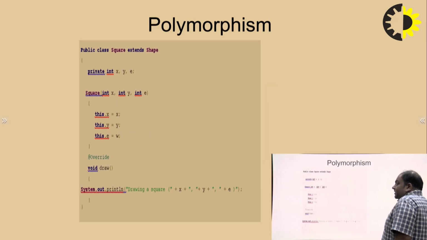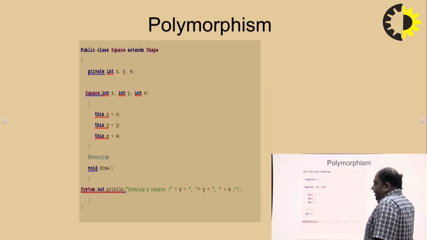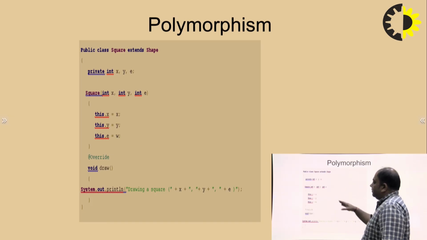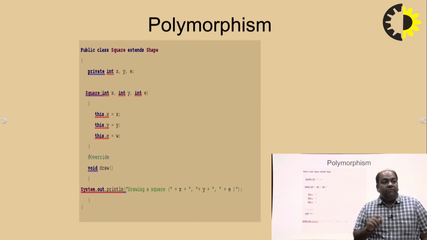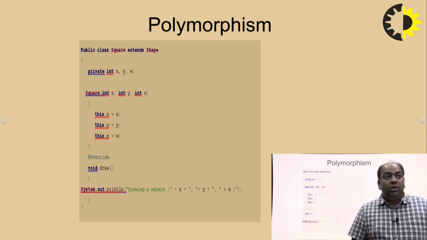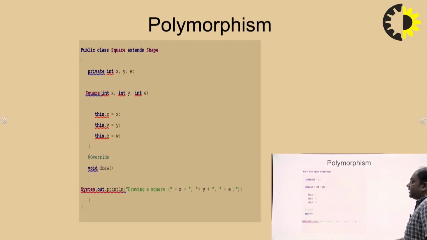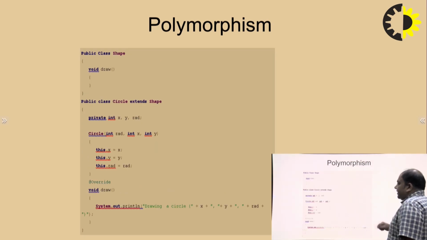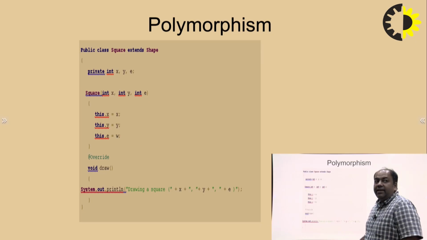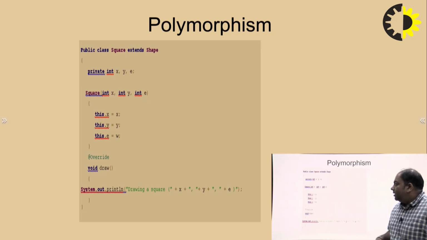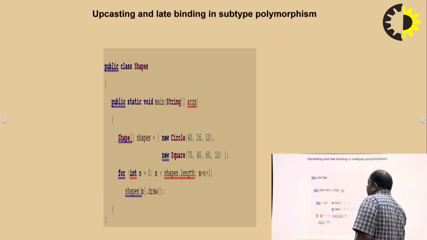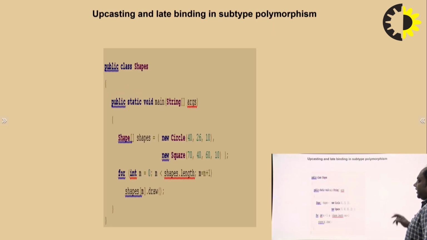Next, these same x and y are used for the square also. We give the same names, int x, int y, and we use both these variables in the same program, but the shape which they create is different. In the first instance they create a circle and in the second instance they create a square. So we define their values and we create a shape of circle and a shape of square.